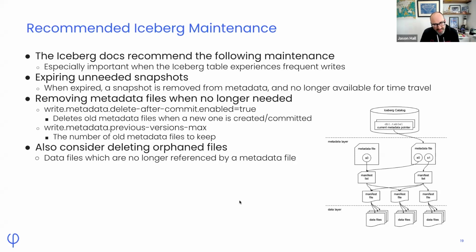This will have a slight impact on performance by removing unneeded snapshots because the metadata files won't be as large. But this will mostly have a positive impact on storage consumption, right?